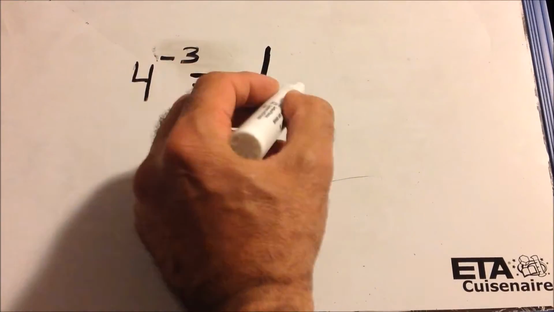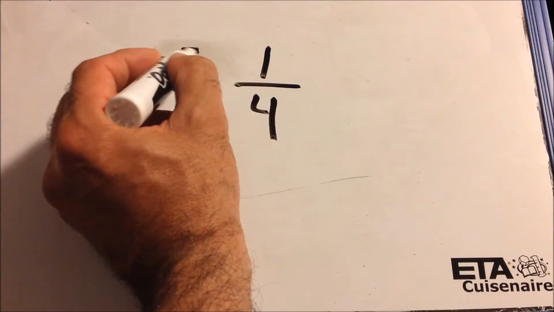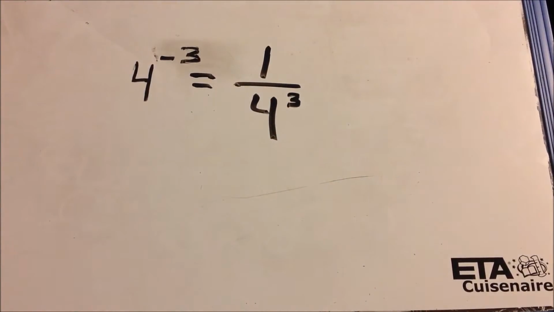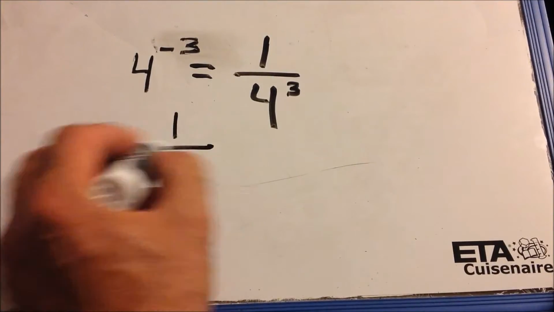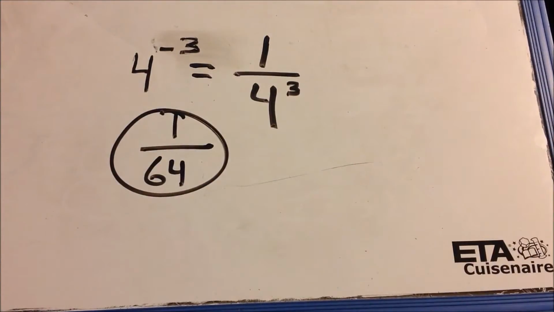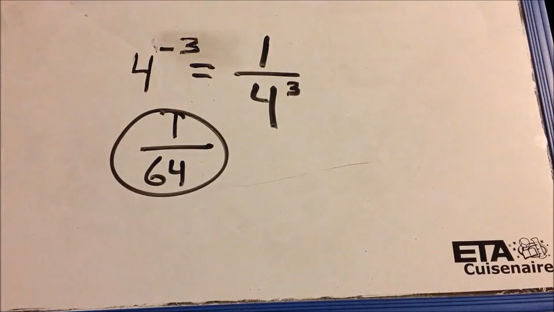Well, okay, remember we're going to bring the 4 down into the denominator, and the negative exponent goes into the denominator as a positive number. So that's in exponential form. And in standard form, it'd be 1 over 64. Okay? So remember, with negative exponents, bring them down into the denominator when you make the fraction.